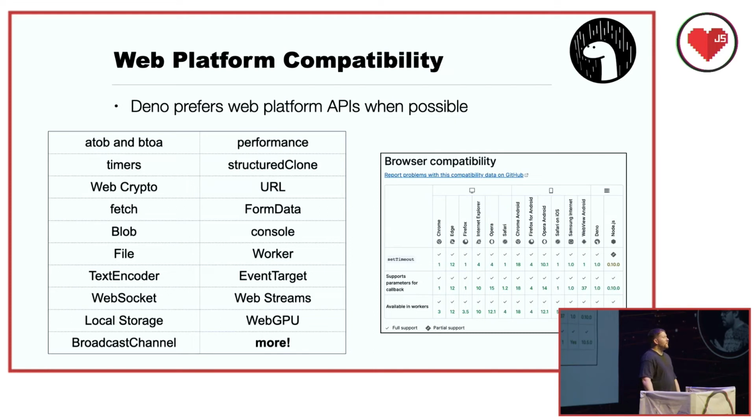If you look at the far right, the last two columns, you'll see Deno and Node.js side by side. This particular example is for setTimeout, and you'll see Deno has full support for setTimeout since version 1. Node.js has supported setTimeout for years as well, but is not standards compatible. Node.js returns a different type of object than what the standard calls for. It doesn't allow code strings to be passed in and things of that nature.